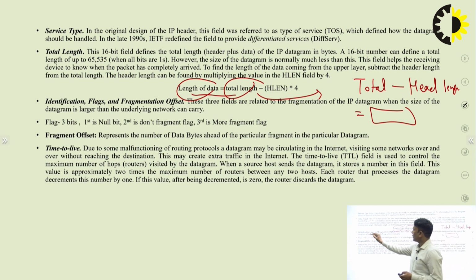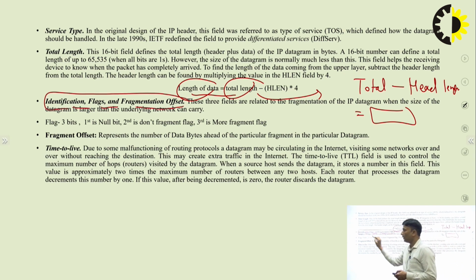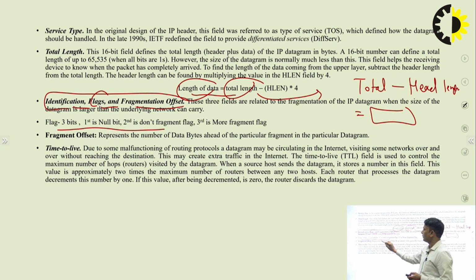Then there are the identification, flags, and fragment offset. All these are for fragmentation, when the data is fragmented into a number of parts. The flag consists of 3 bits. The first is a null bit, which is reserved and always has the value 0.